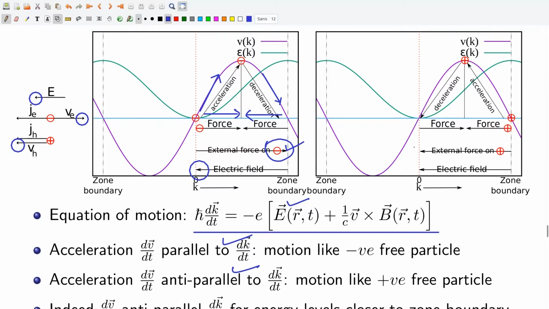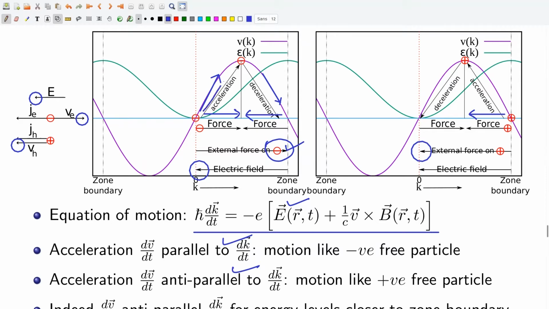As shown in this figure, this is the direction of external force on a positively charged particle. And in this region, acceleration is parallel to the direction of external force for a positively charged particle.